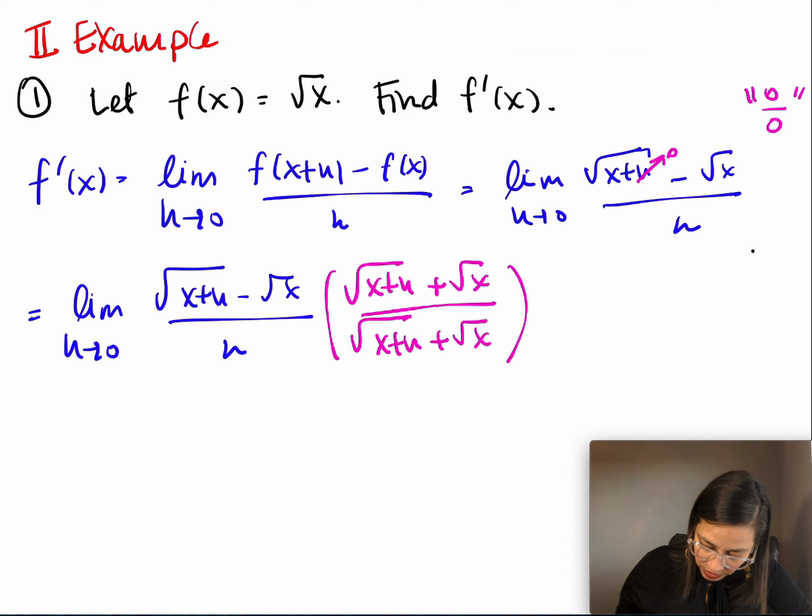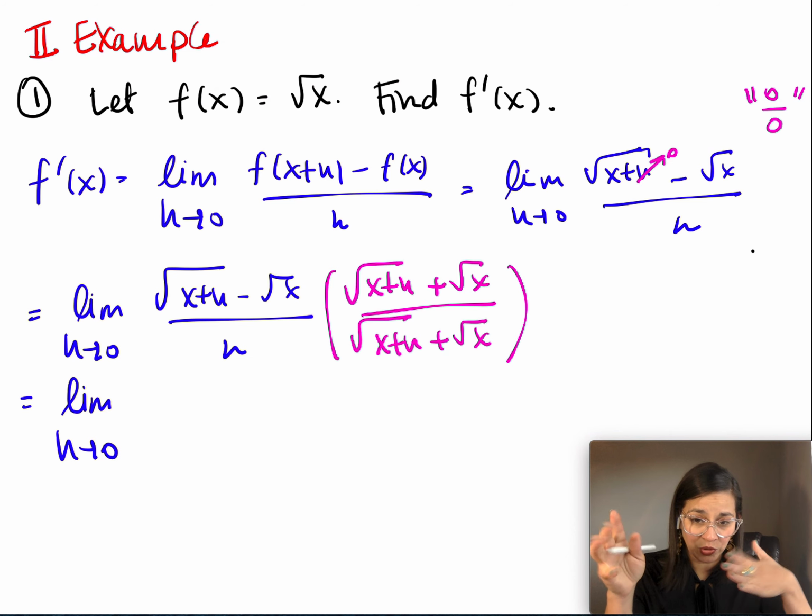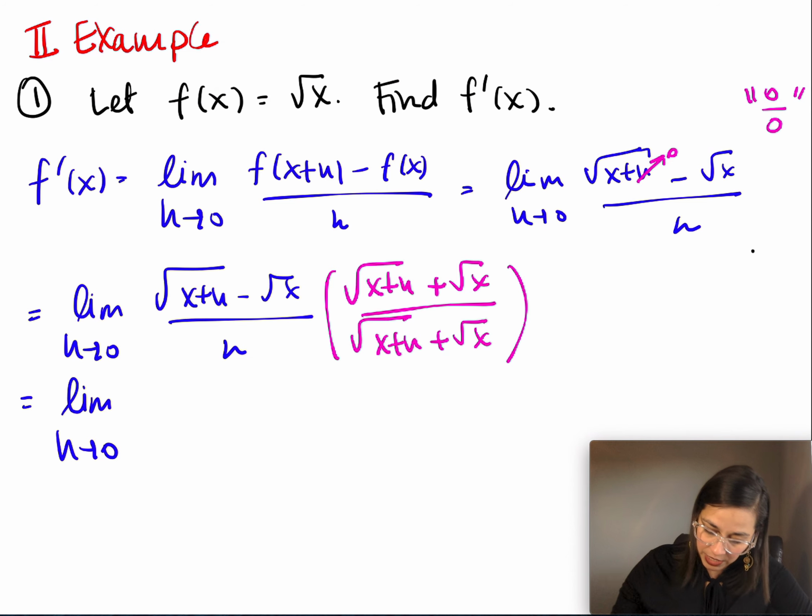Now, I'm going to simplify this, and this is the limit as h goes to 0, and I know that the whole point of multiplying by the conjugate is to get rid of the square roots. So what do I get? If I do root of x plus h times root of x plus h, I get root of x plus h squared, so I get x plus h.